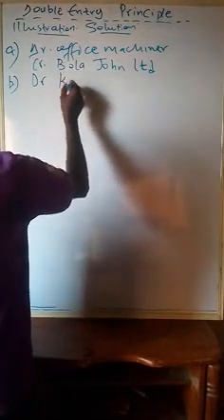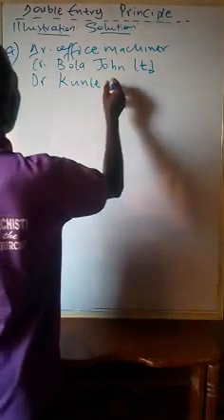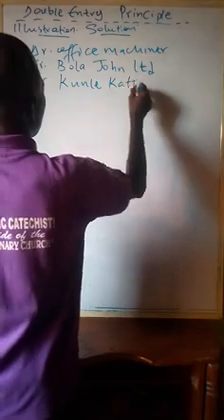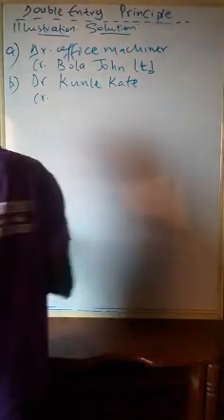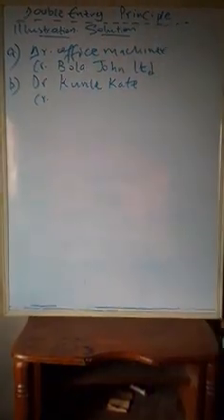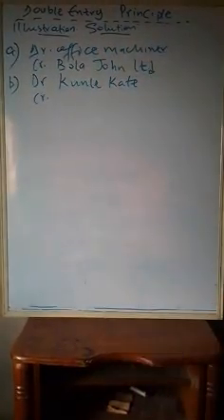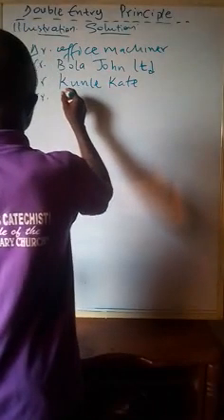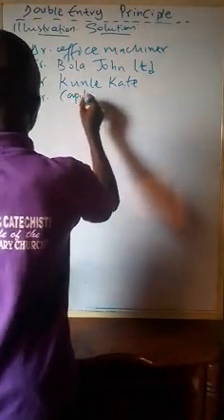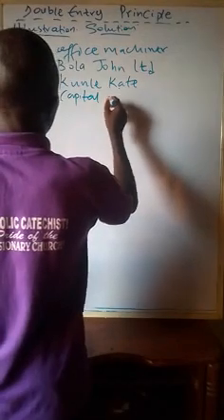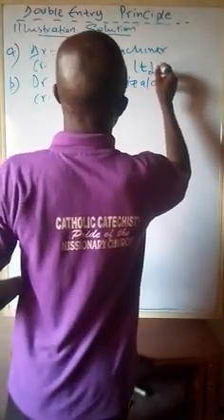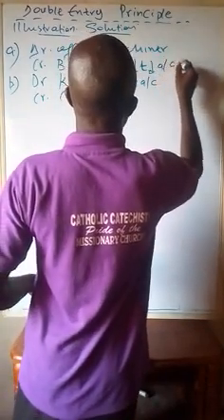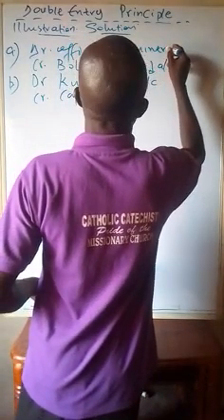Debit Kunle Kate. And credit what? From his private money means he introduced capital, that is capital increases. So credit capital account.